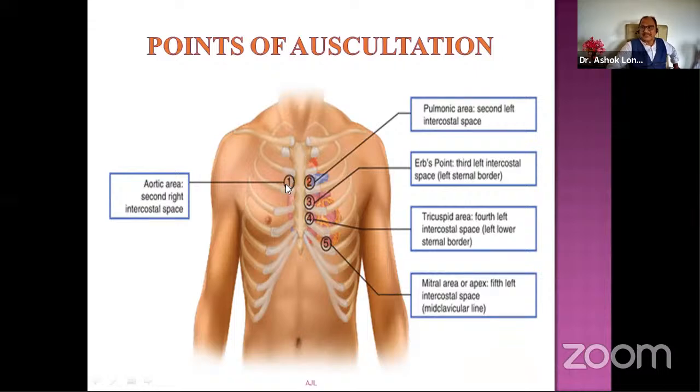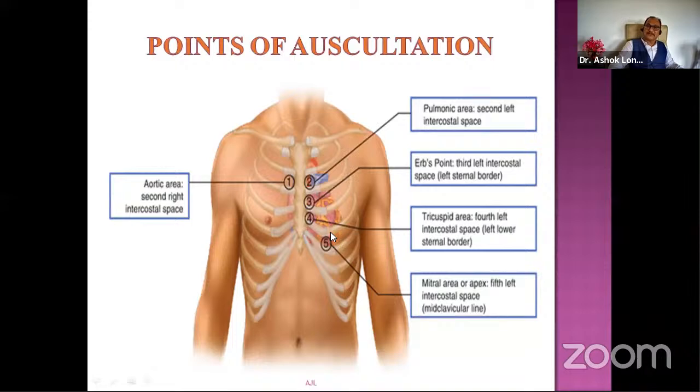Points of auscultation itself means that is a particular area where you get the best possible sound, here of the aorta on the right side. Now how does it come on the right side?